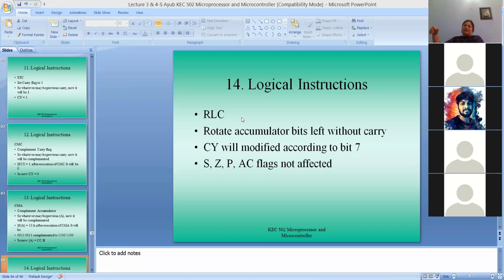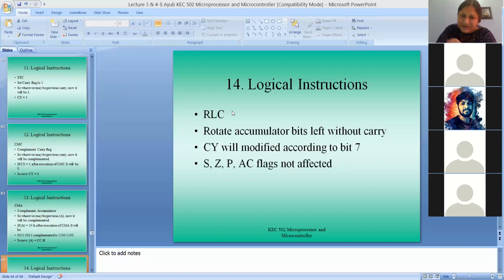So now we will move on to further logical instructions. These are rotate instructions. If I write the instruction RLC, I don't have to write any operand with rotate instructions. It is understood that whatever rotate operation we do is with the accumulator, because we always say that arithmetic and logical operations are done through the accumulator. RLC means rotate, L stands for left, and C stands for, here it is a little opposite in 8085.